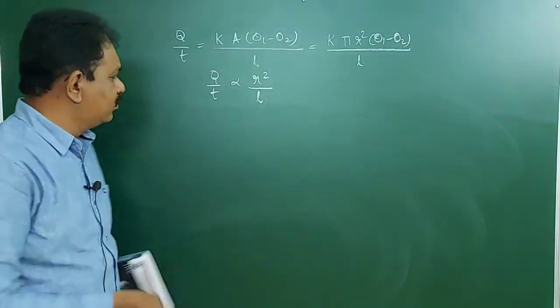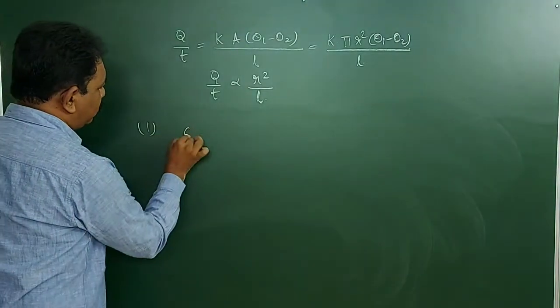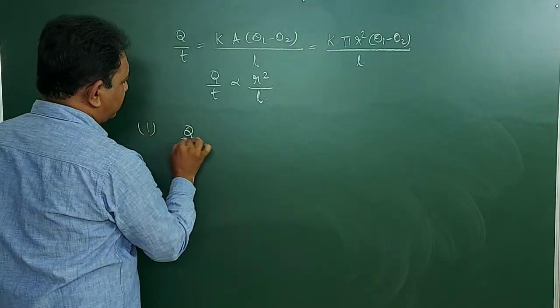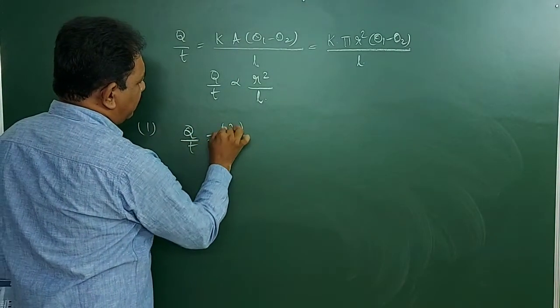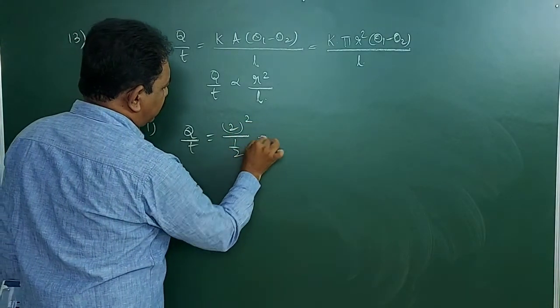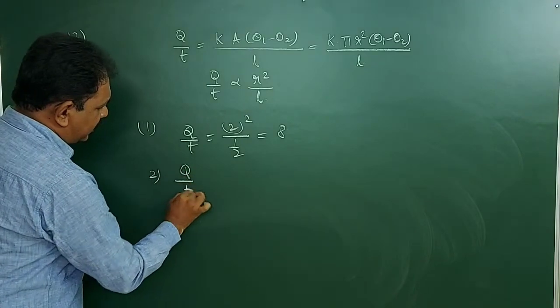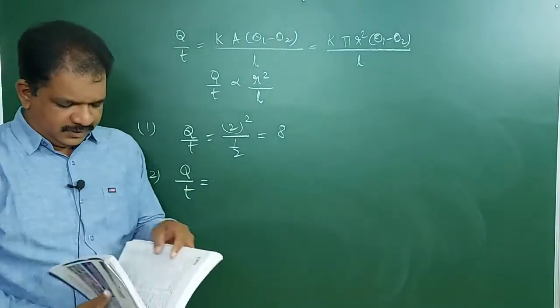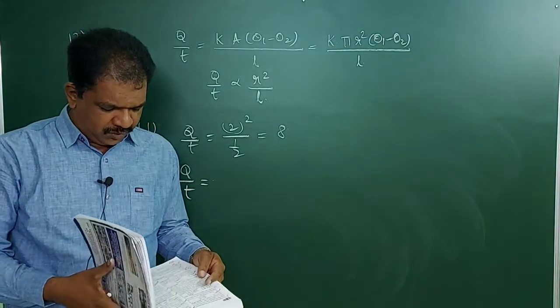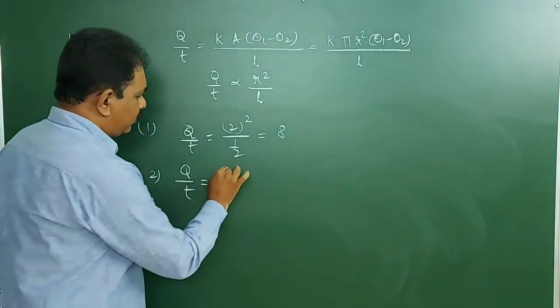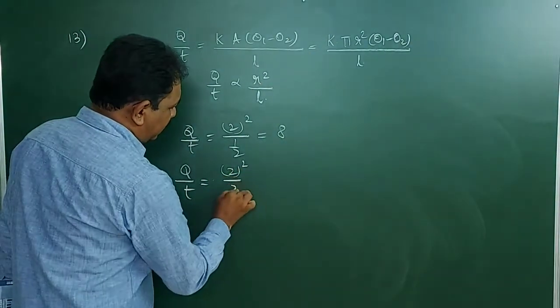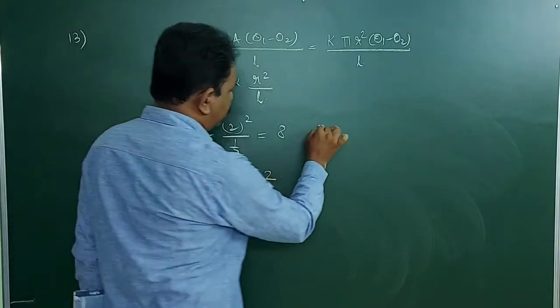First, r is equal to 2, L value will be 1 by 2, so it becomes 8. Second option, r is equal to 2, L is equal to 2, 2 square by 2, this will be 2.